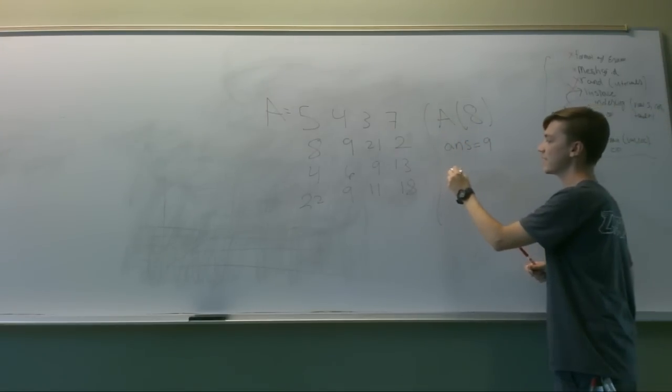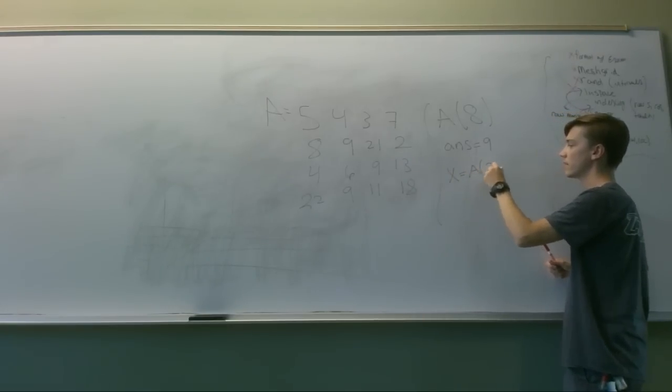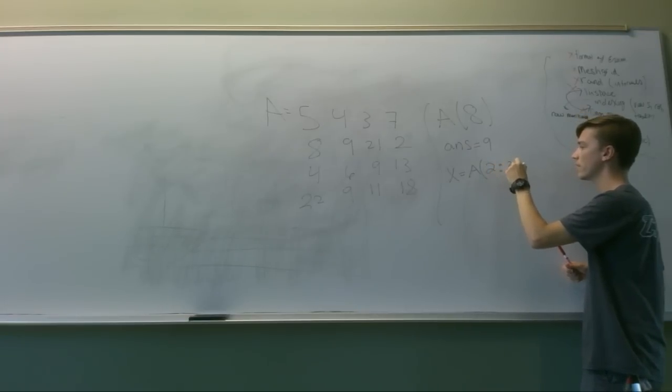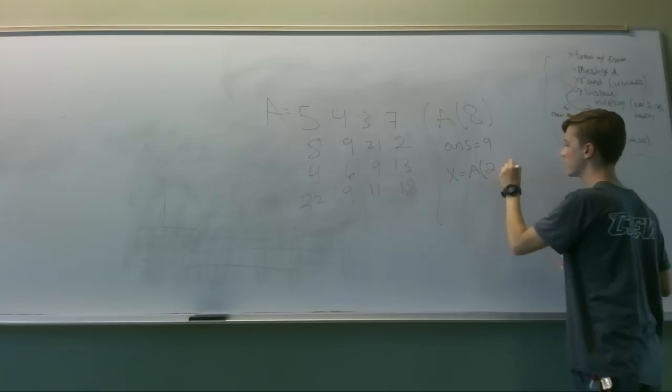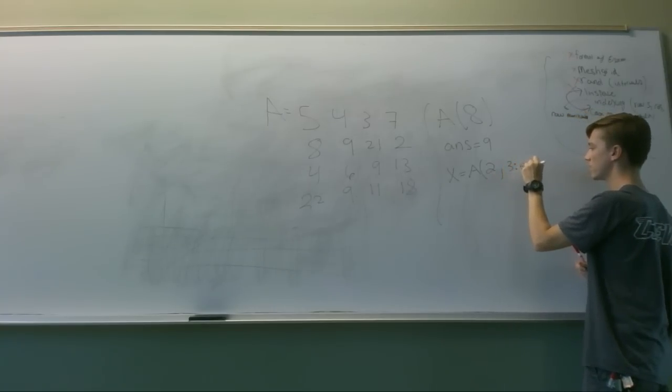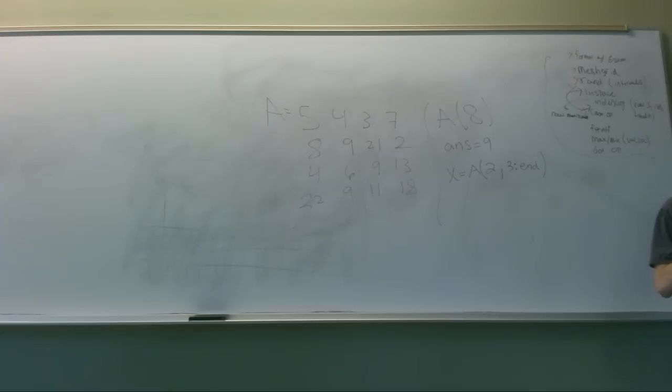Now let's say I say X equals A of 2, comma 3 colon N. First off, what is this going to do? What's this command do? It's rows 2, columns 3 through the last column.